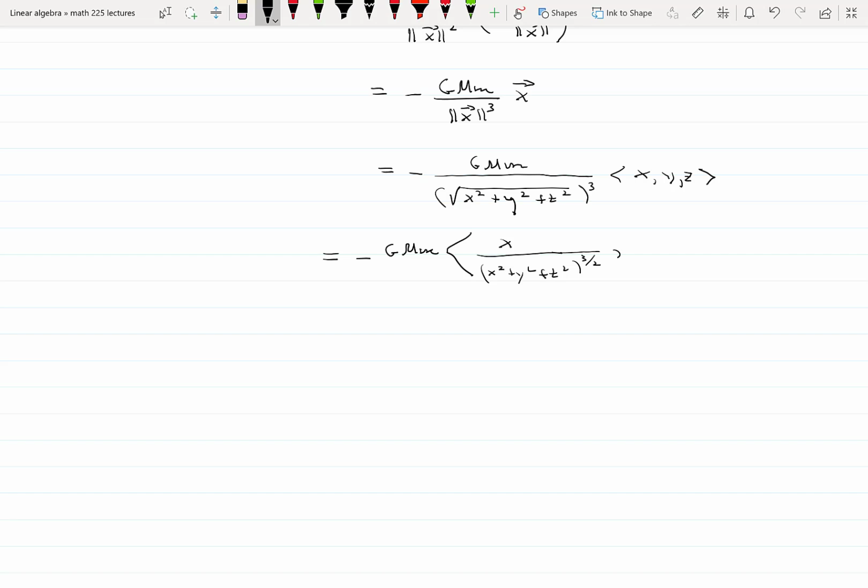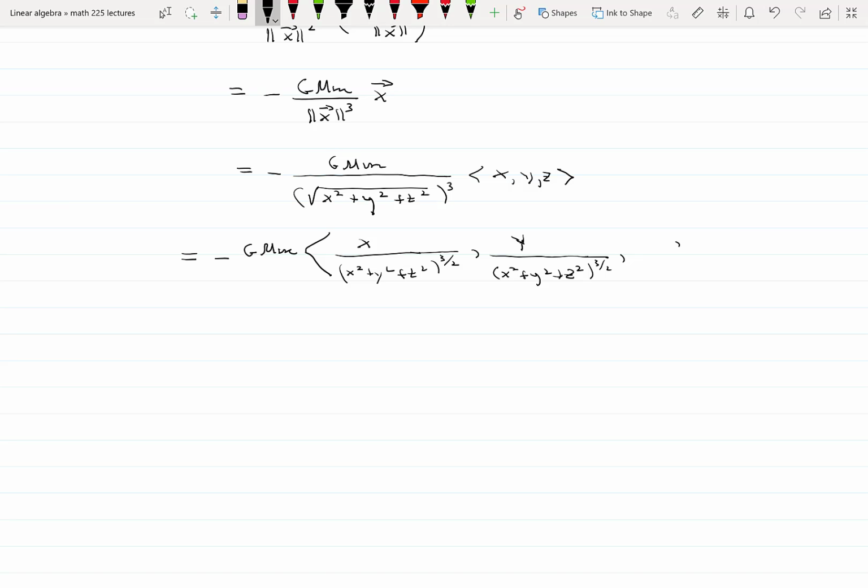The other two components are going to be very similar. They're going to have the same denominators, and the numerators are going to be y and z respectively. So we have y over x squared plus y squared plus z squared to the 3/2, and our third component z over x squared plus y squared plus z squared to the 3/2. Now we haven't talked about how to determine ahead of time whether we have a conservative vector field.